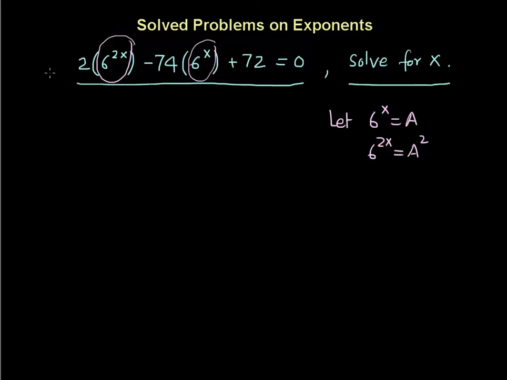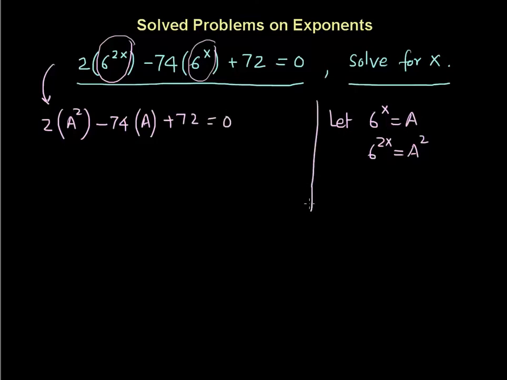So I'm going to rewrite this equation here again as 2, and then I have here 6 to the power 2x, so that will be a square, bracket closed, and then 74, and then I have here a, and then I again have 72 equal to 0. Let's draw a line here. I know 2 can be taken out as a common here.